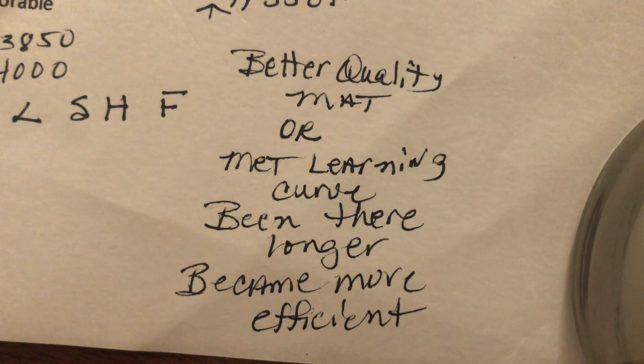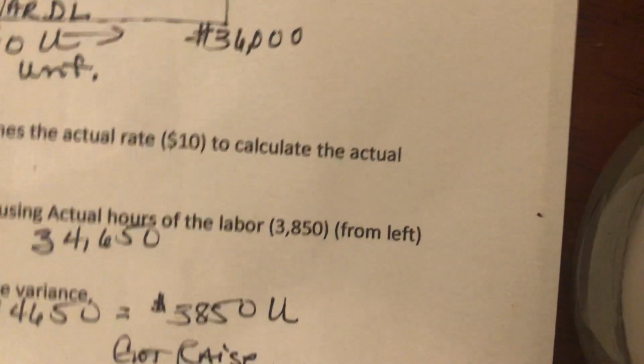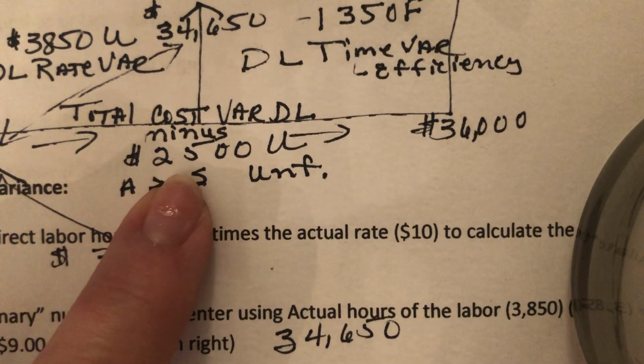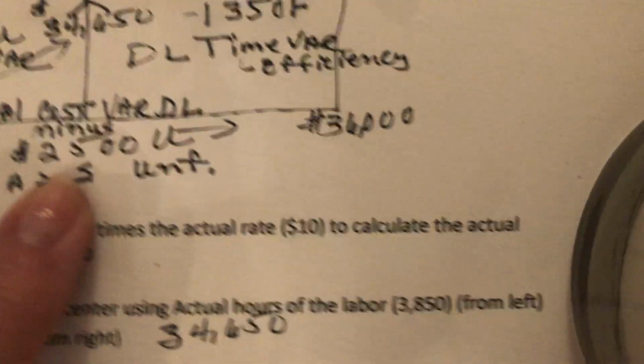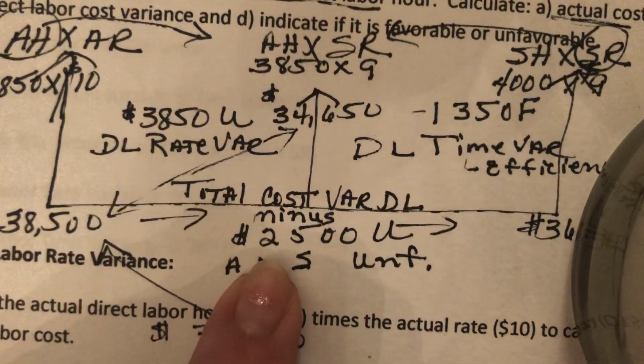One other thing before we finish up, I want to reconcile our total number. So let's come back up here. 2,500 unfavorable. Now, these two numbers in the blocks have to equal this number.